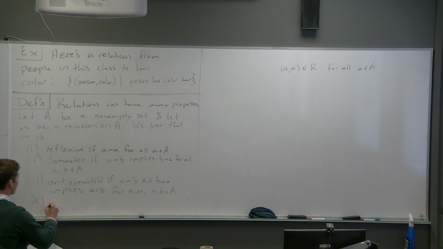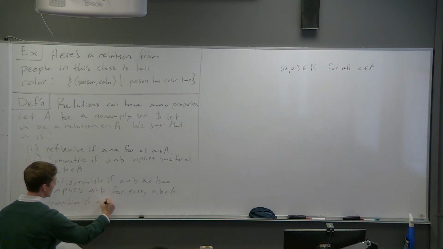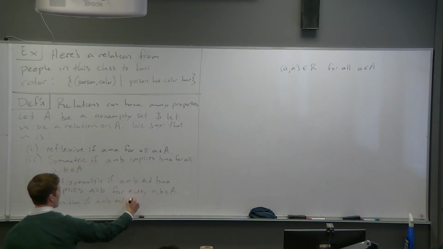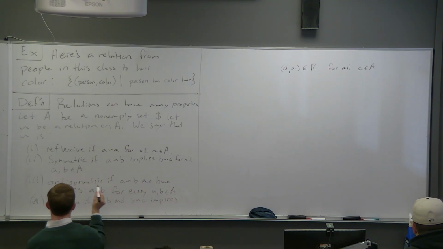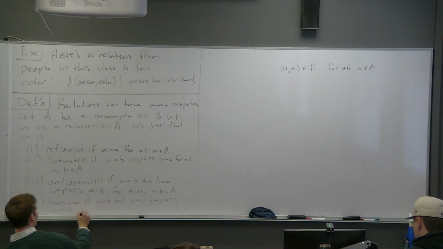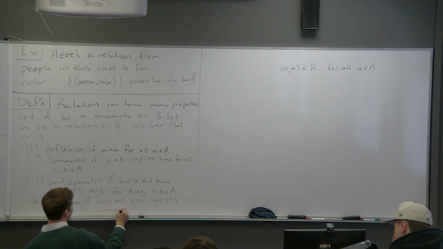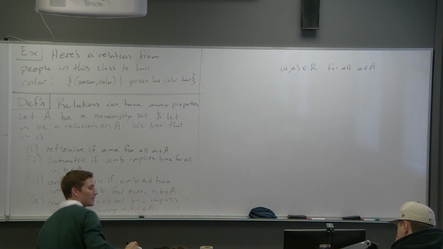Finally, we have transitive. If A is similar to B and B is similar to C, implies A is similar to C, for every A, B, and C in A.